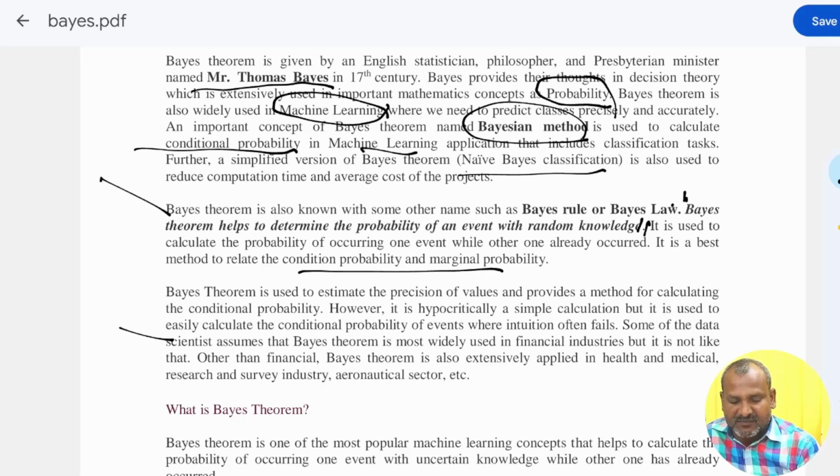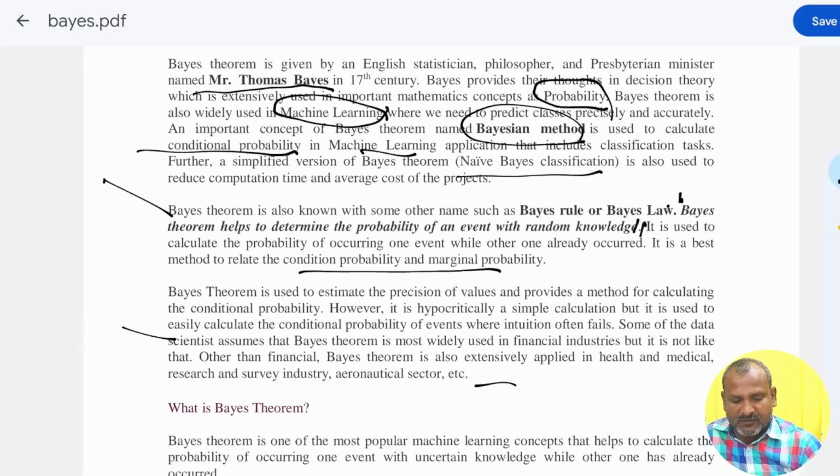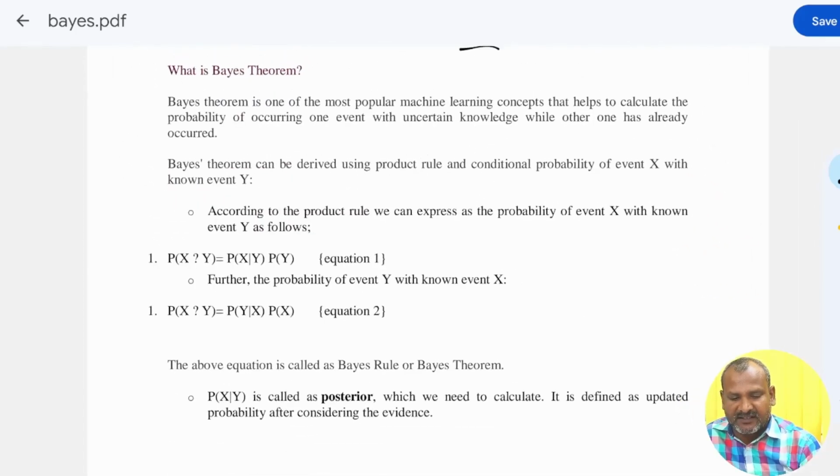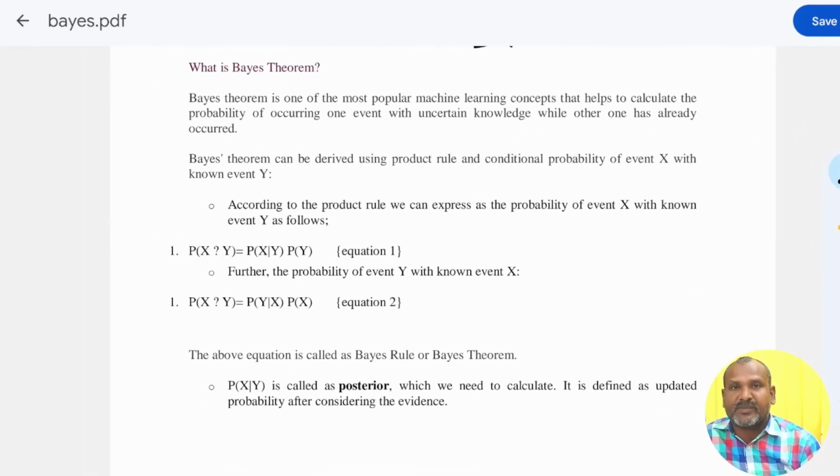Other than finance, Bayes theorem is also extensively applied in health and medical research, the survey industry, the aeronautical sector, etc. That means not only in that specific area, in all research areas, it plays a very important role.